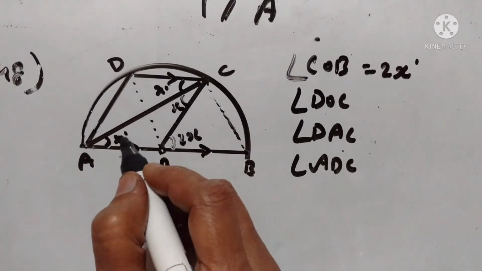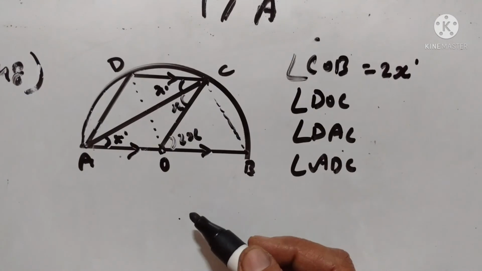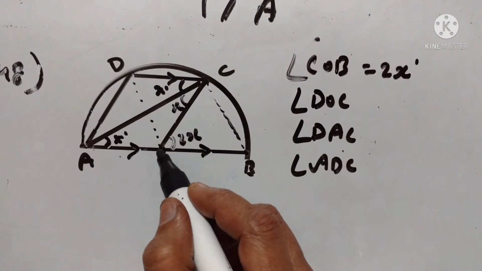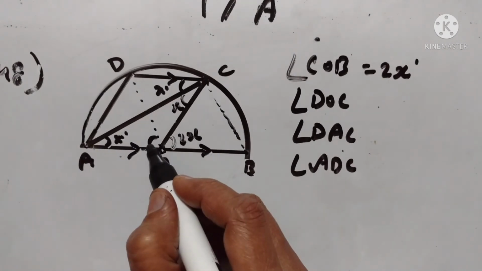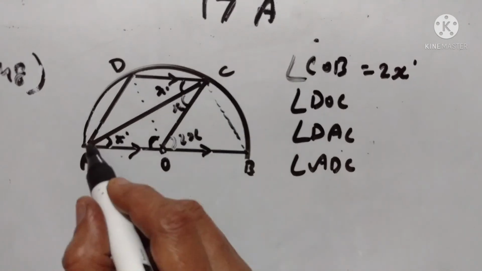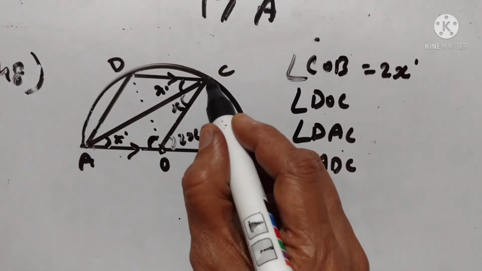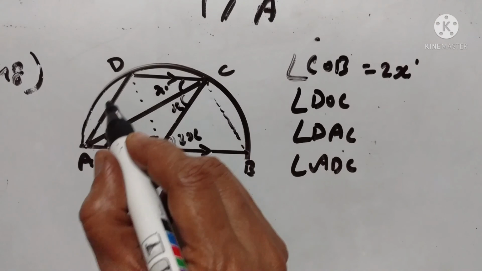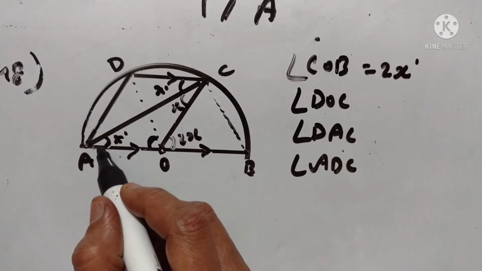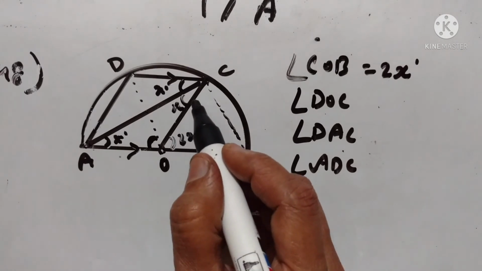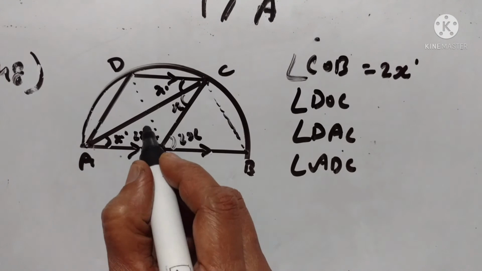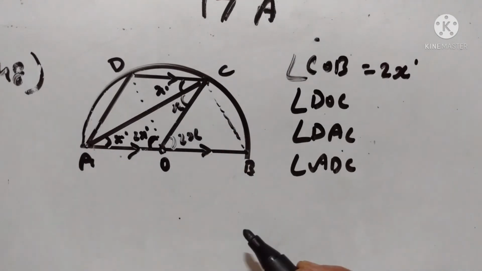So both are x. Now angle DOA is the angle at the center and angle DCA is the angle on the circle made by the same chord AD. Therefore angle DOA is twice the angle DCA. Therefore this is also equal to 2x. This is x and this is 2x.